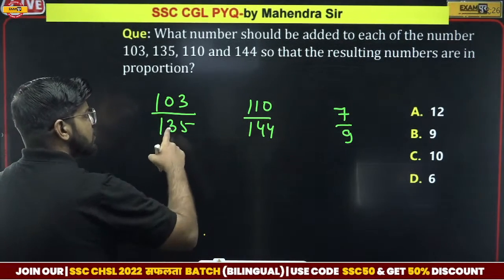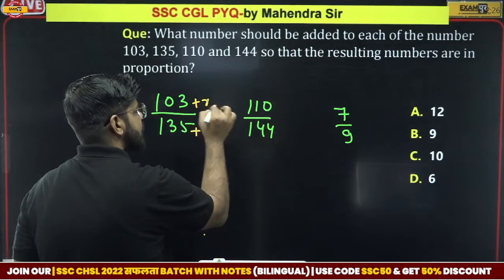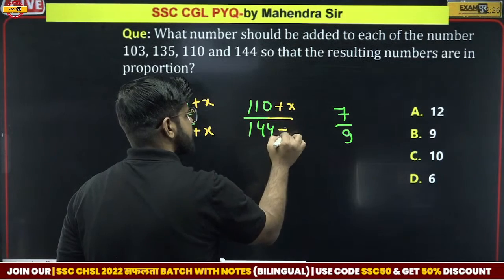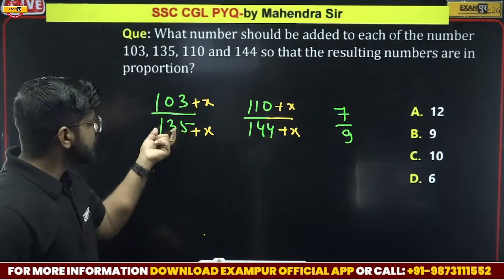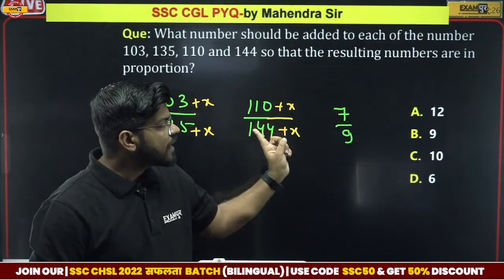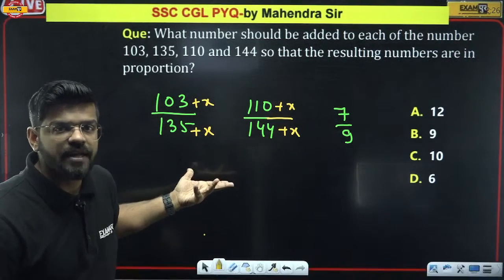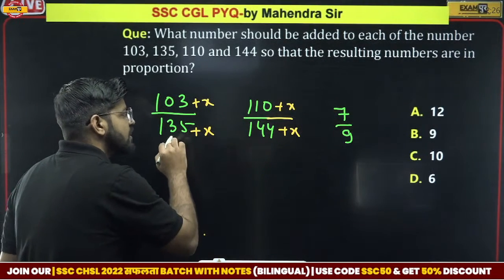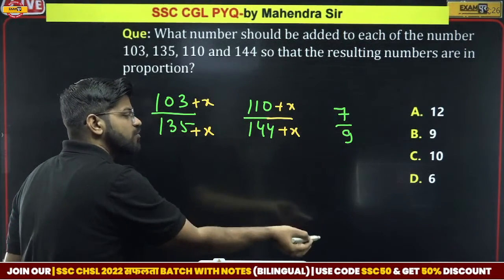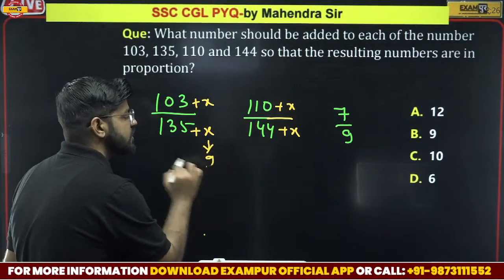That means we have to add plus x here, plus x here, plus x here, and plus x here. Now this is a multiple of 9, and we have to make the other a multiple of 9 too, and this is already a multiple of 9. To make a multiple of 9 by adding something is nothing but adding 9 only.